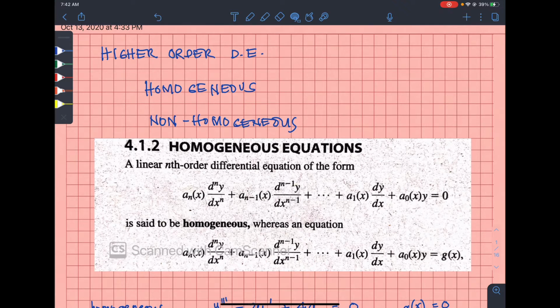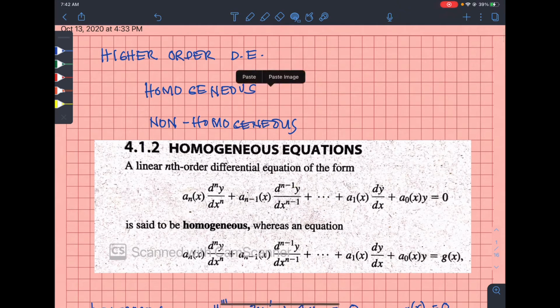A first order differential equation has only one solution, a second order differential equation would have two solutions, a third order would have three solutions, a fourth order will have four solutions, and so on and so forth. So the order of the differential equation corresponds to the number of solutions of the given differential equation.